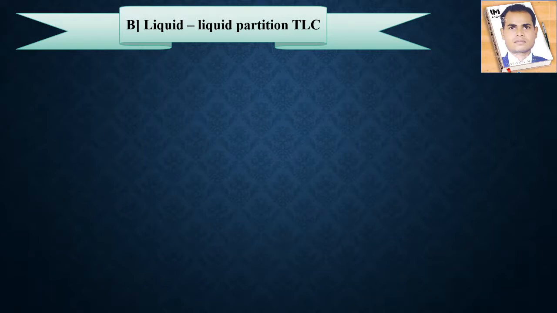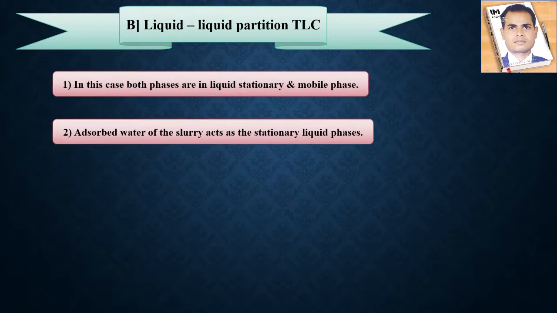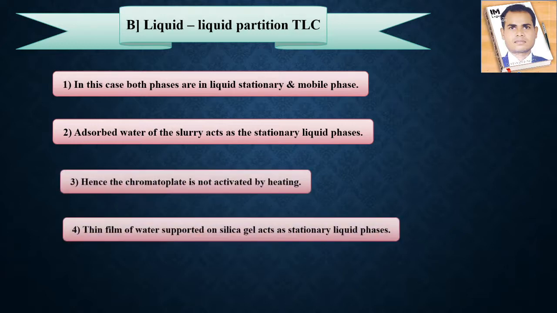In this case, the stationary phase and the mobile phase both will be liquid, right? The adsorbed water of the slurry acts as the stationary liquid phase. So the stationary phase is also liquid and the mobile phase is also liquid in this type of TLC.